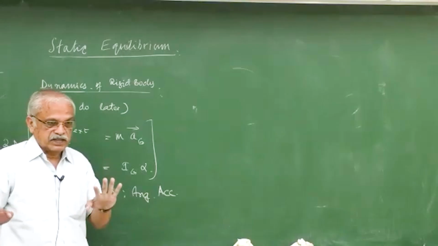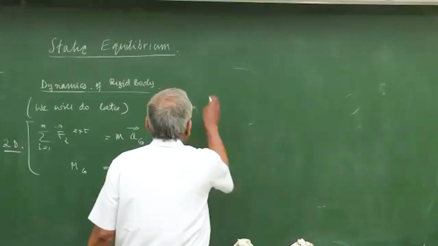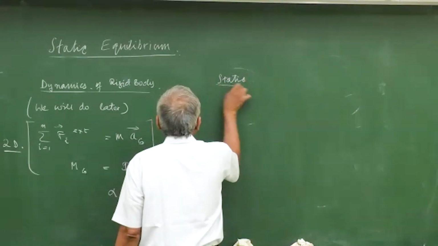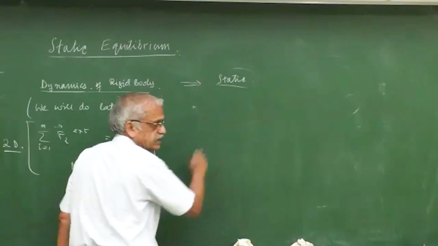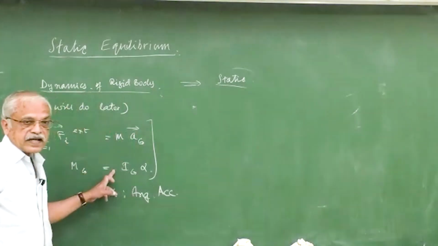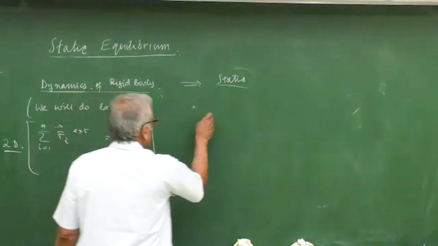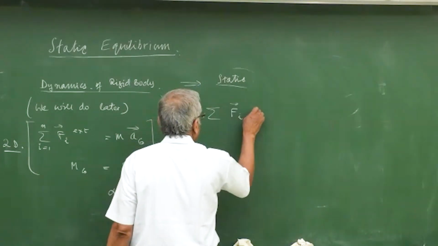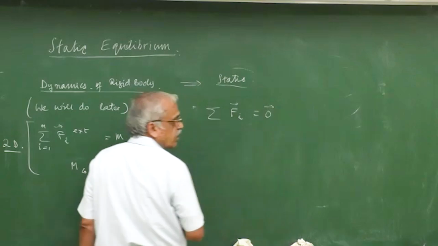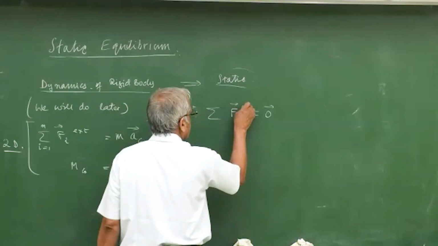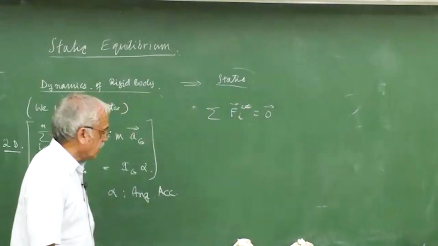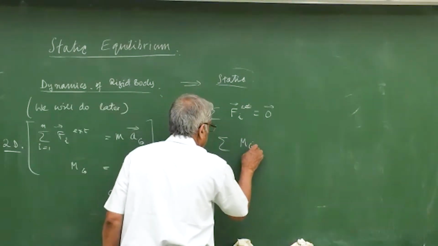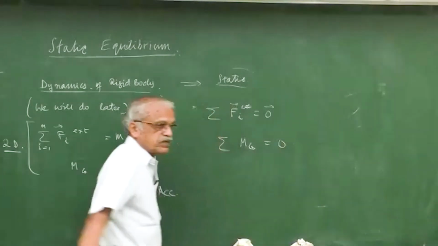Three equations. If you want to specialize it for statics, the right side terms will drop. So all external forces sum up to zero, as well as all moments about G also add up to zero.